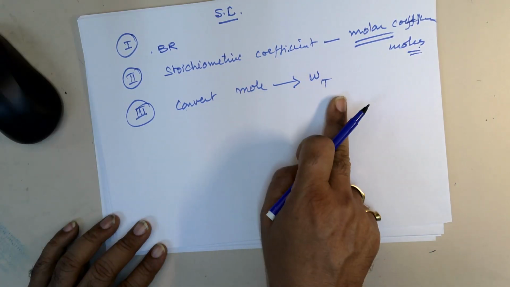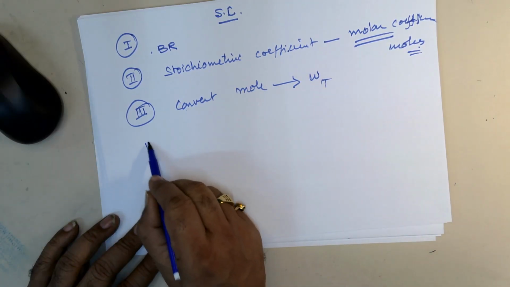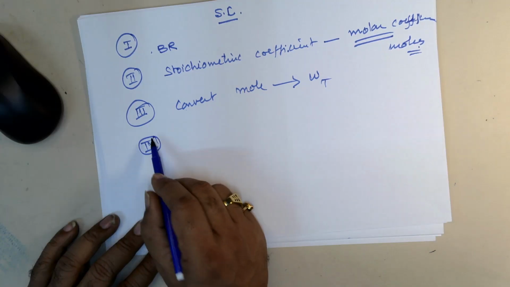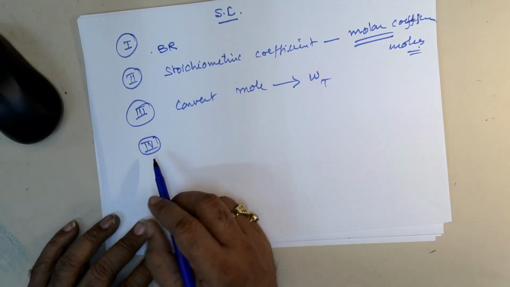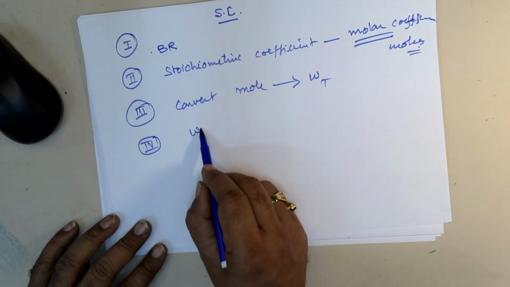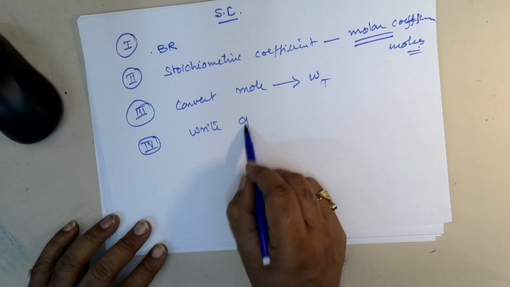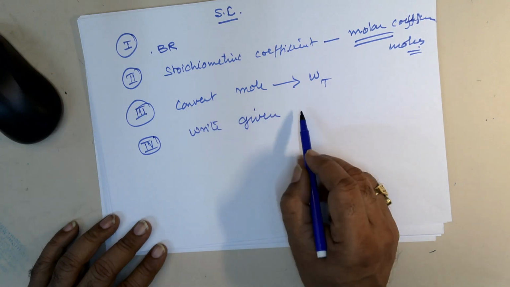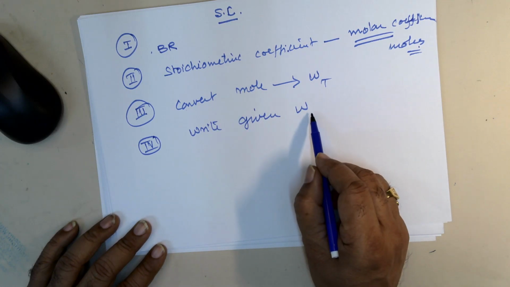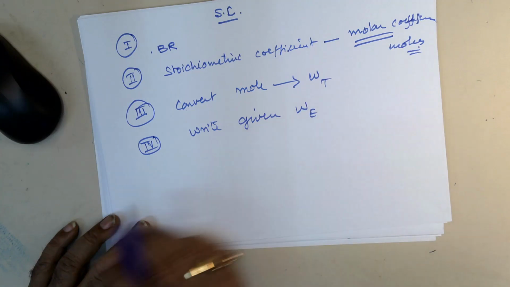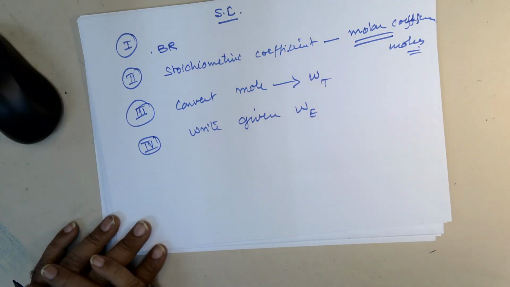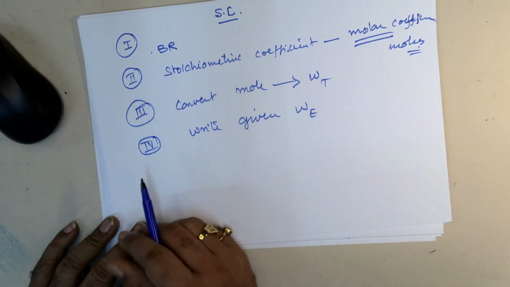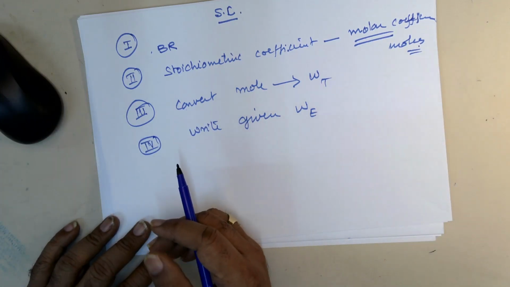Do you understand this? And then, as the fourth step, you have to write the given weight, that is the given data. They would have given it in weight or volume, so that should be taken as the experimental weight. Take down: the given weight of each reactant or product.